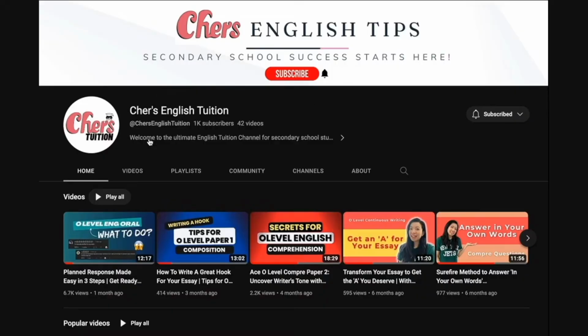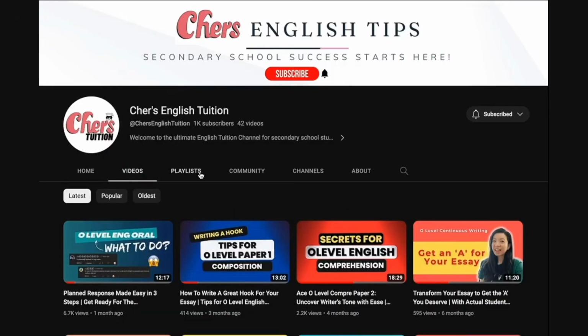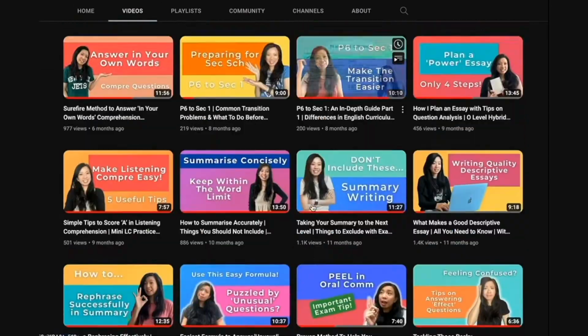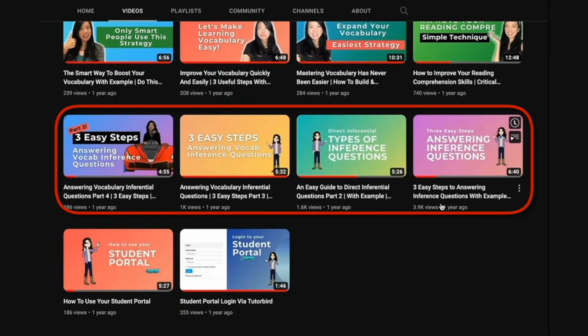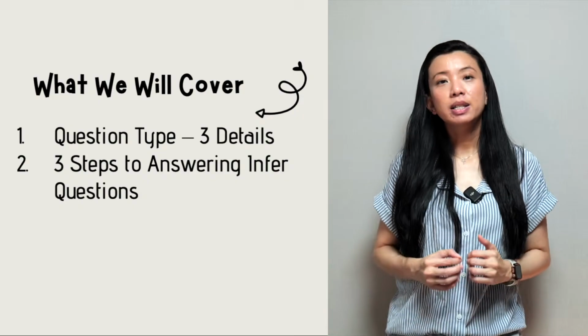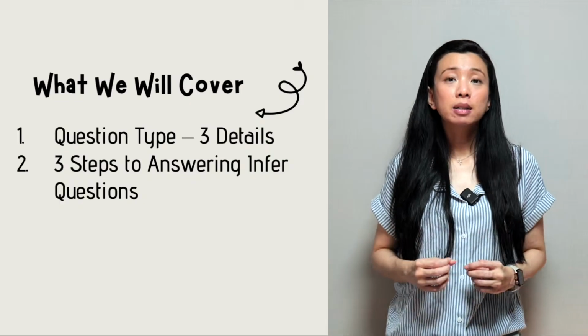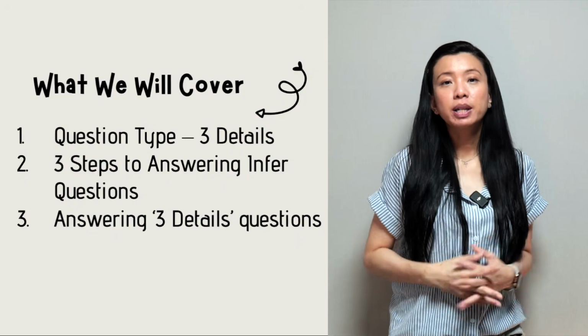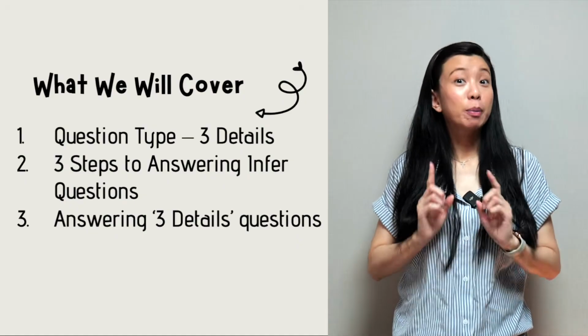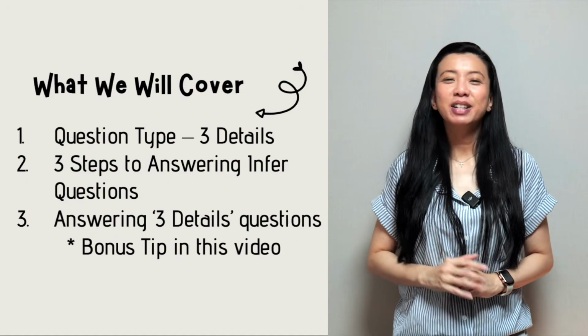If you haven't watched those videos yet, I recommend that you watch them first before completing this video, because in those videos, I go through in more detail how to answer inference questions using only 3 steps. The third thing we'll look at today is how to answer specifically 3 details questions using the 3 steps. Don't forget to look out for a bonus tip somewhere in this video as well.